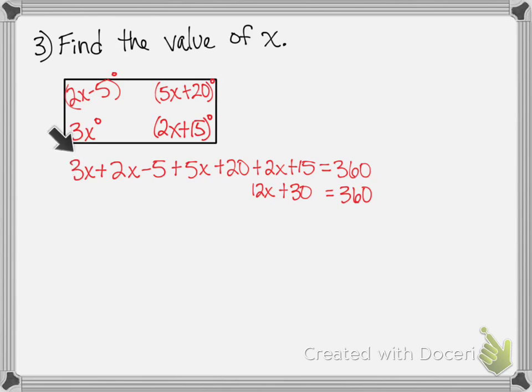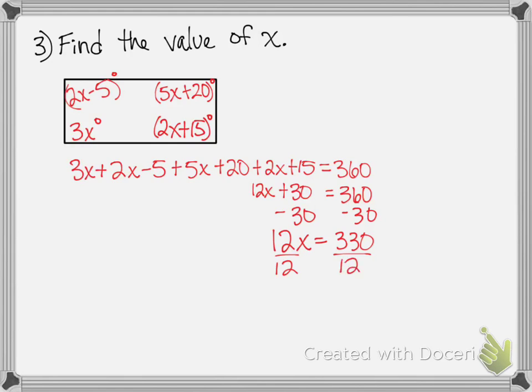Okay, so we just had to add up all the x's together and then combine all of the constants together. Now to solve this, we would subtract 30, and we would have 12x equals 330.